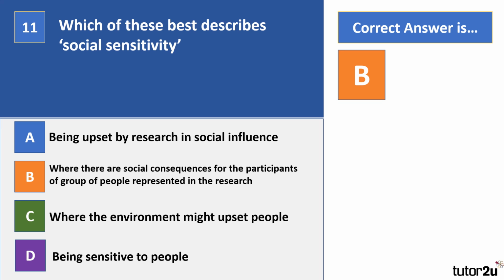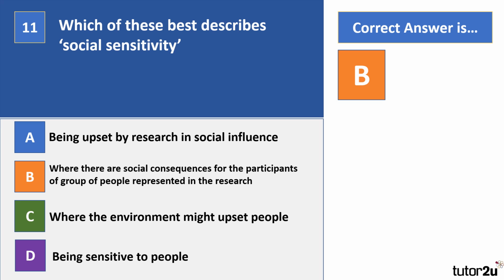Now in the specification it says ethical implications of research studies in theory, including reference to social sensitivity. So what are ethical implications? Ethical implications are basically a consideration of the impact or consequences that the psychological research has on the rights of people in the wider context. So these implications are going to be more prevalent in what we call socially sensitive research.